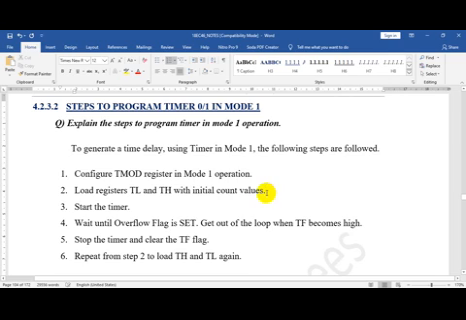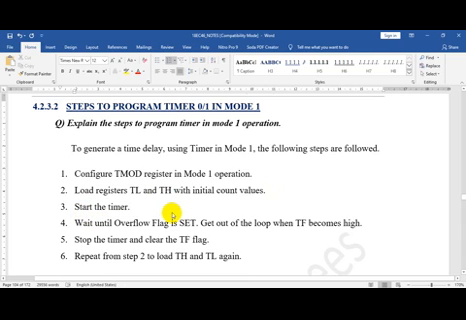Second, you have to calculate the values to be loaded in TL and TH register. It depends on what delay you want. Third, you have to start the timer.